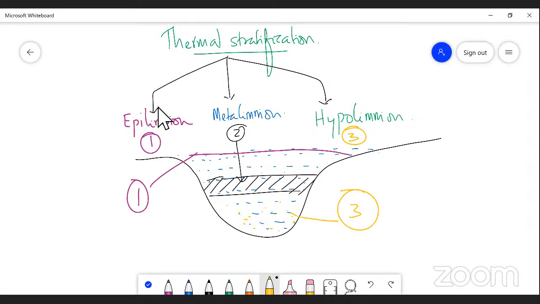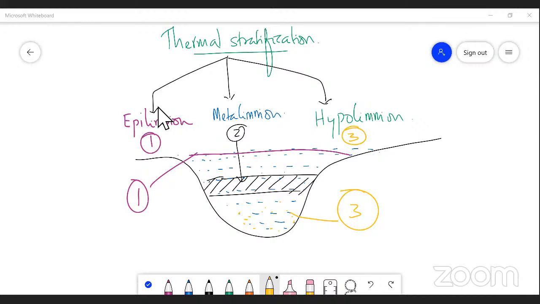So if you take any water body like a pond or stream or lake, right? In both lake and pond, you can see this kind of categories: epilimnion, metalimnion, hypolimnion. When we touch, the epilimnion is so hot and the metalimnion a little less. The temperature gradually decreases from the epilimnion to the metalimnion. I mean, the middle part of the pond has decreased temperature.